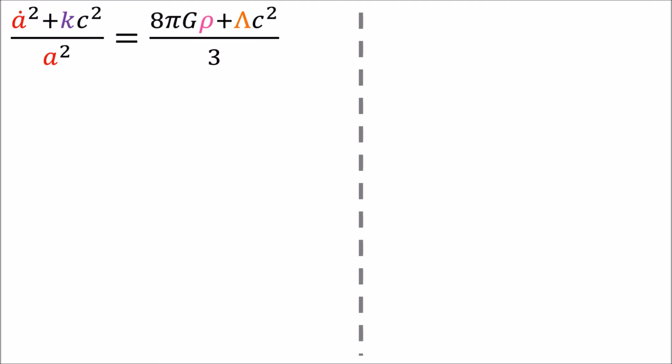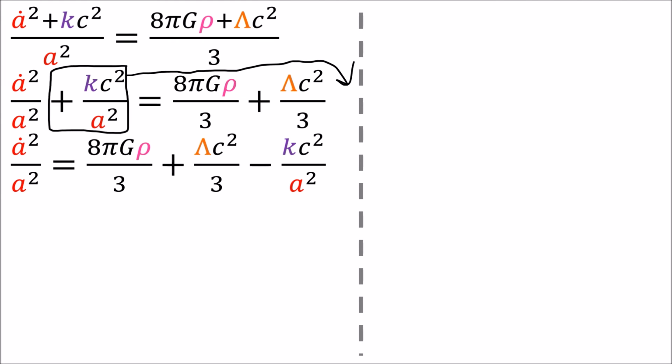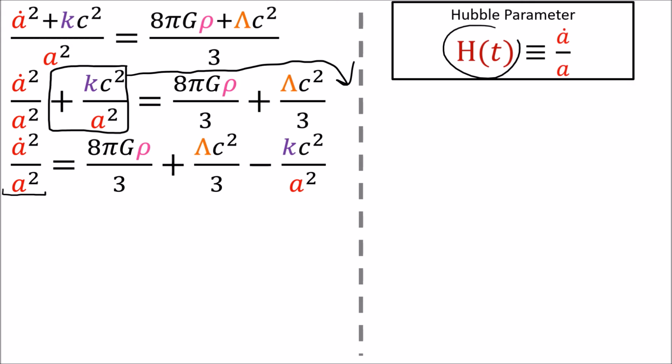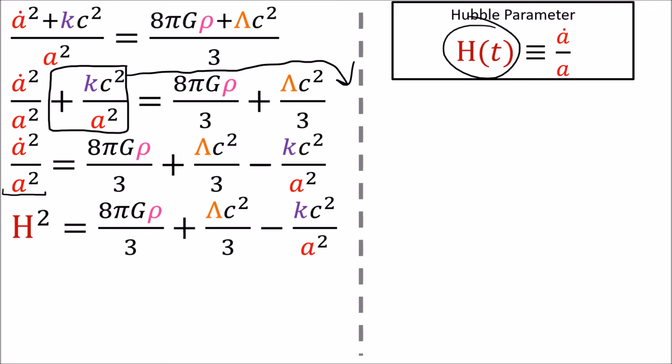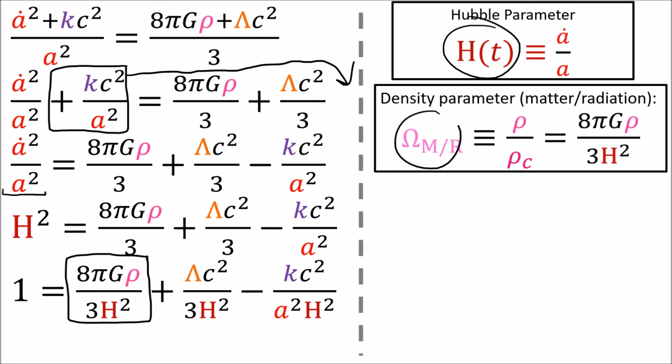Looking at the first Friedmann equation again, we can rewrite the fractions and then bring the curvature term to the other side. We can then rewrite a dot over a as the Hubble parameter h, then divide all terms by h². We see that the first term on the right-hand side is our density parameter.